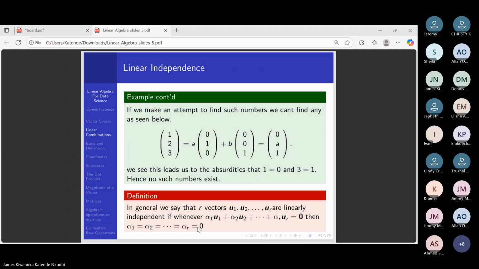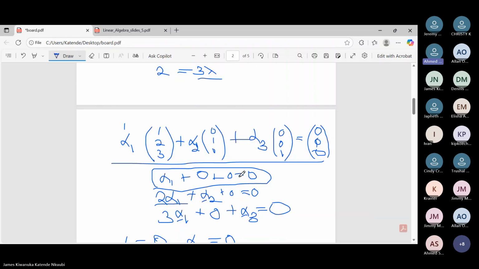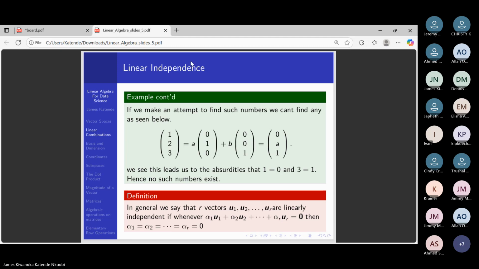Dr. Ali, in this example, isn't it supposed to be 0, A, B instead of 0, A, 1? Go to the slide. Let's hold on. What have I done? I'm talking about the answer 0, A, 1.